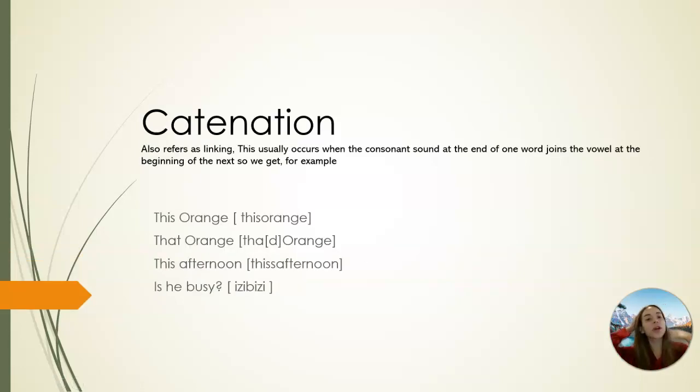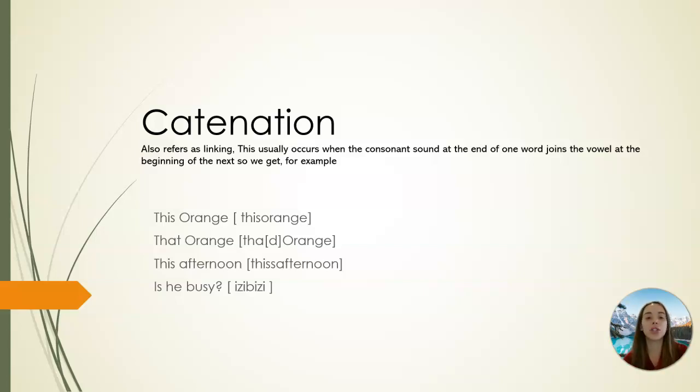So the first one is catenation, also referred to as linking. This usually occurs when the consonant sound at the end of one word joins the vowel at the beginning of the next. So we get, for example, this orange, but we want to say it faster.